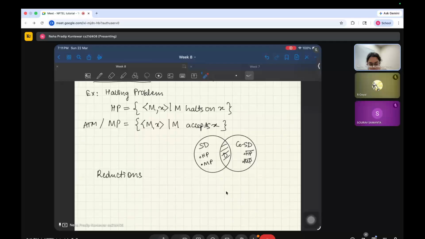For a fixed m, there could be an x such that this is in HP because m rejects x, but that particular input will not be in ATM. Everything that's in ATM should by definition be in HP, but they are not the same as sets.